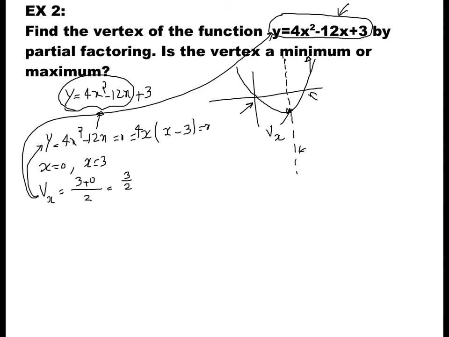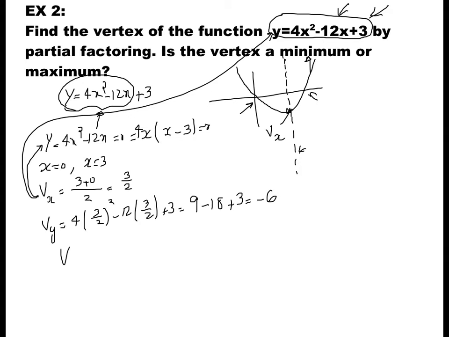the original equation. To find the y-coordinate of the vertex, I'm going to substitute v sub x in this equation. So I'm going to get v sub y is 4 times 3 over 2 squared minus 12 times 3 over 2 plus 3. 3 over 2 squared is 9 over 4 times 4 is 9. 12 divided by 2 is 6 times 3 is 18, plus 3. 9 plus 3 is 12, minus 18 is minus 6.